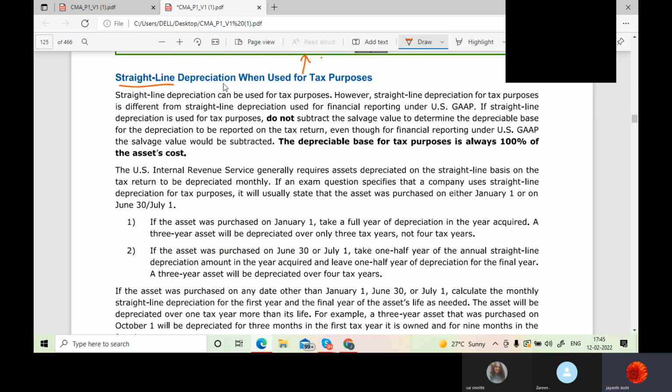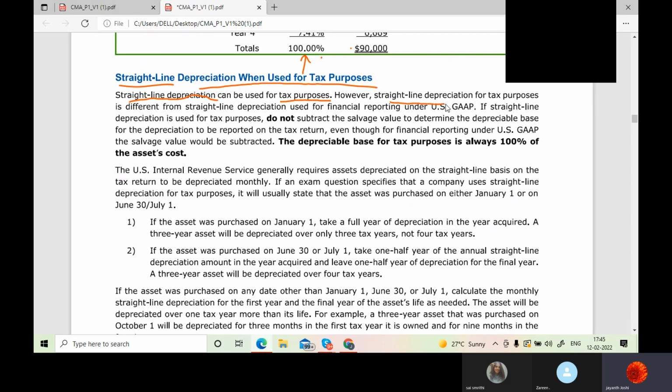Now, if you use straight line depreciation for tax purposes, see, straight line depreciation can be used for tax purposes as well.